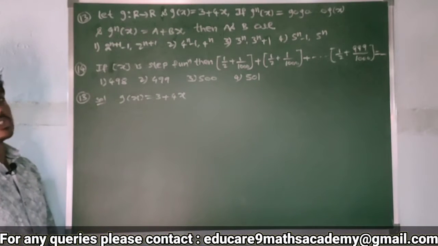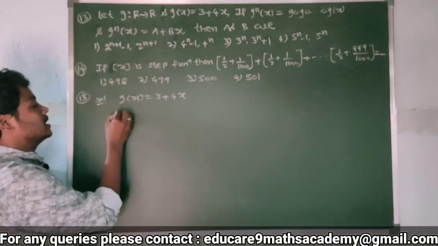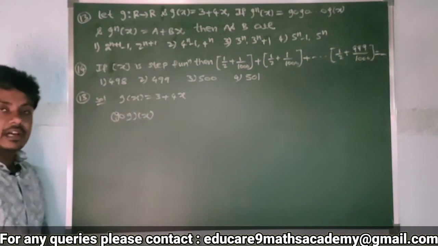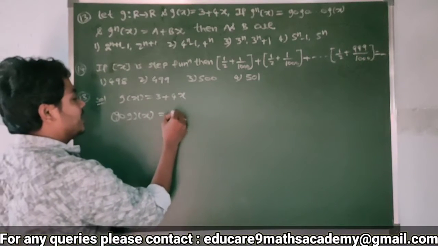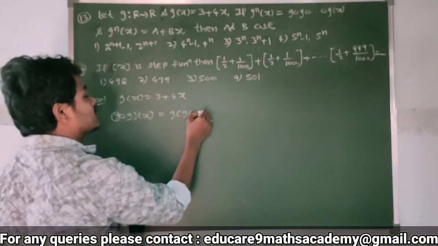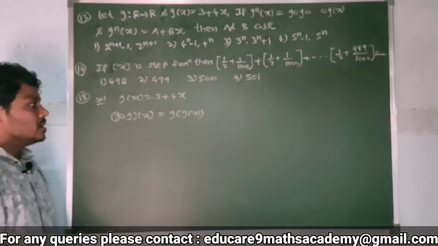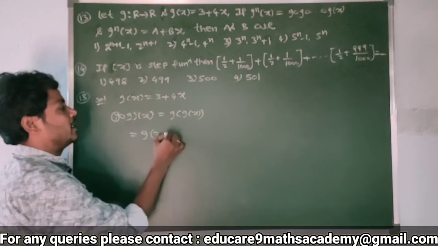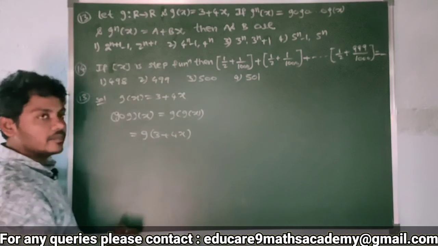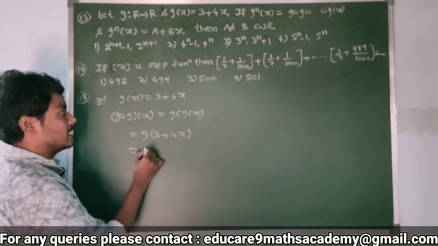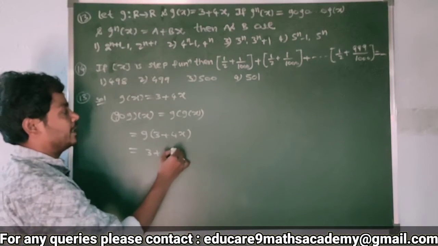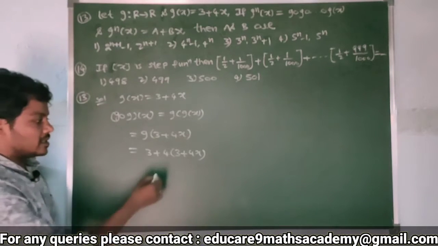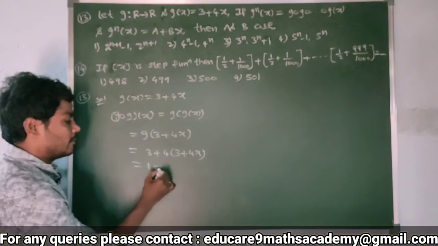If n is equal to 2, then what do you get? g circle g of x. If you find g circle g of x, then this can be written as g of g of x. Okay. So how to write this? g of 3 plus 4x. Now again this is 3 plus 4 into 3 plus 4x. This is 15 plus 16x.